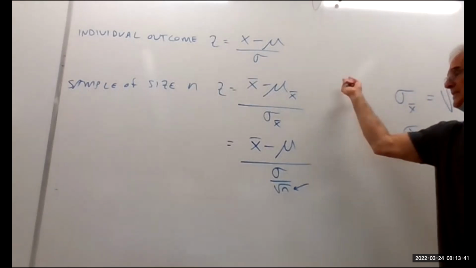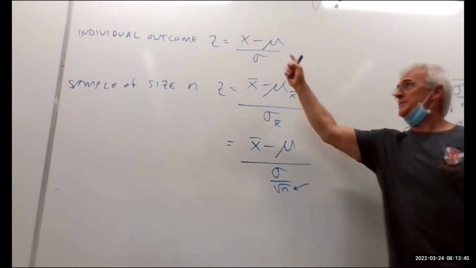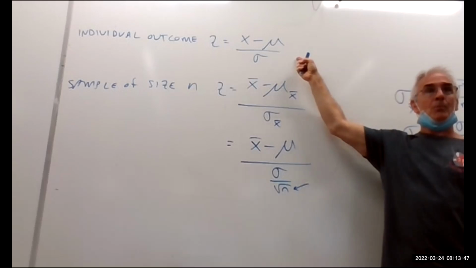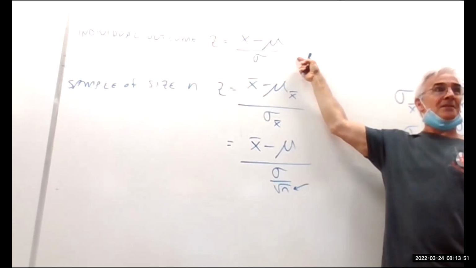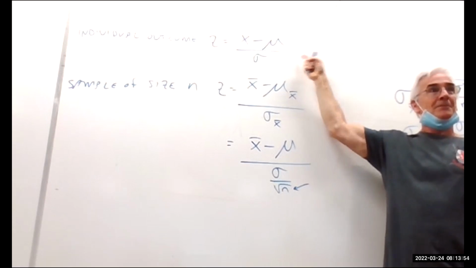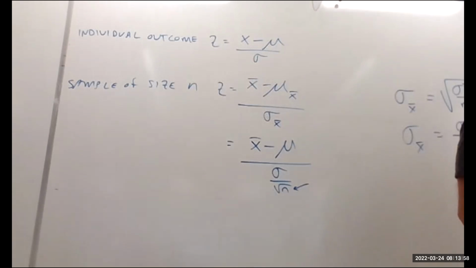So are there two completely different formulas going on here? No, actually, they're really the same formula. Because if it's an individual outcome, what is N? For an individual, what's N? 1. Have you ever heard the expression sample of size 1? That's not a good sample in general. But can you have a sample of size 1? I only had time to ask one person what they thought.